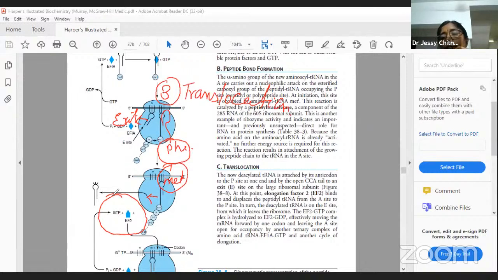With the help of eukaryotic elongation factor 2 and GTP, the peptidyl tRNA translocates to the P site.